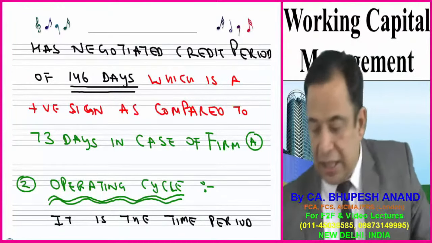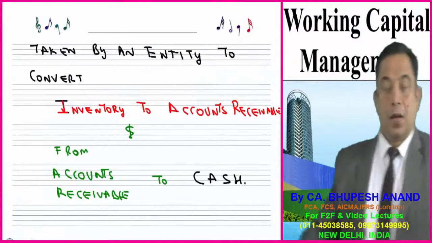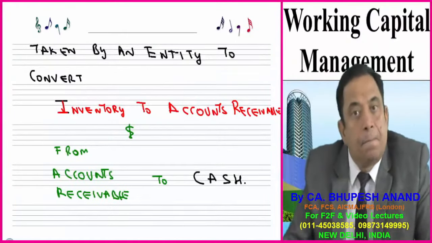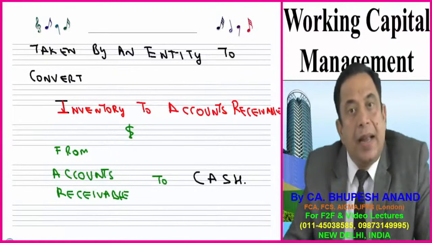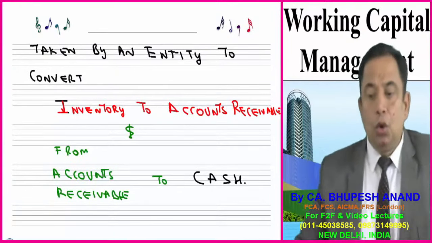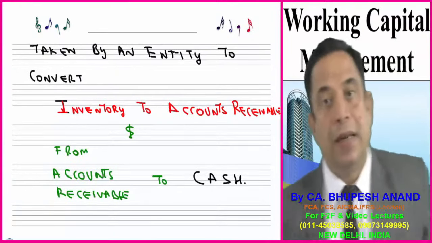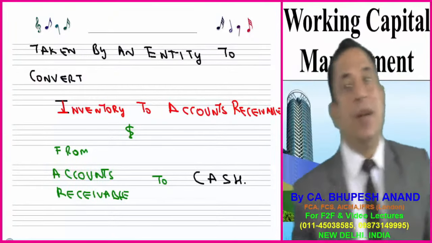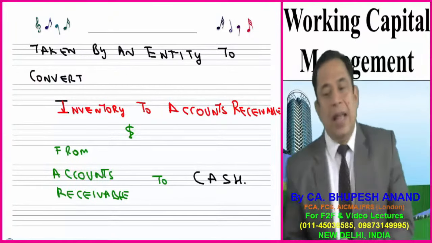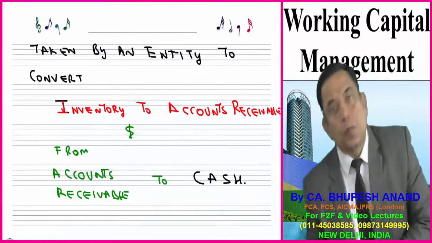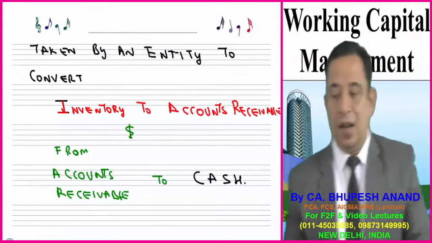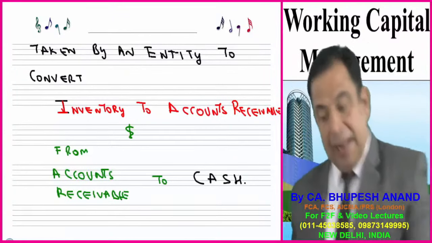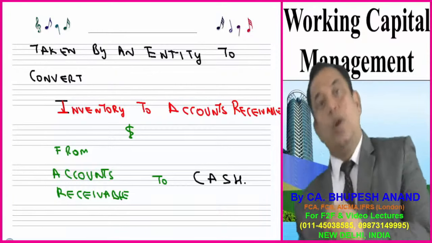So it is the time period taken by an entity to convert inventory to accounts receivable, and from accounts receivable to cash.